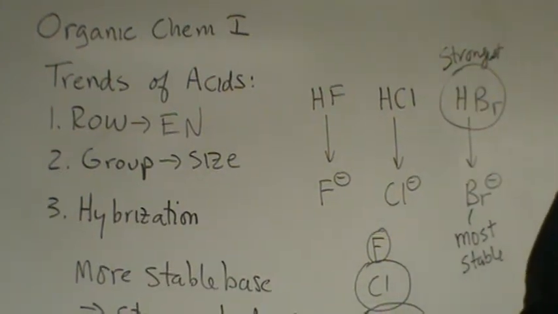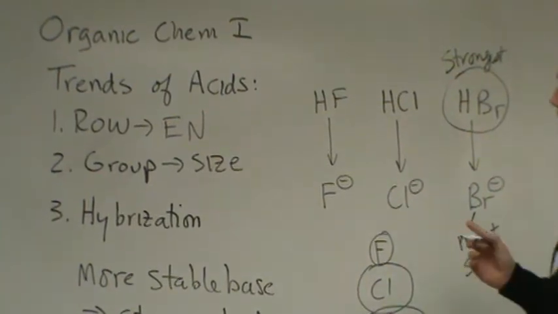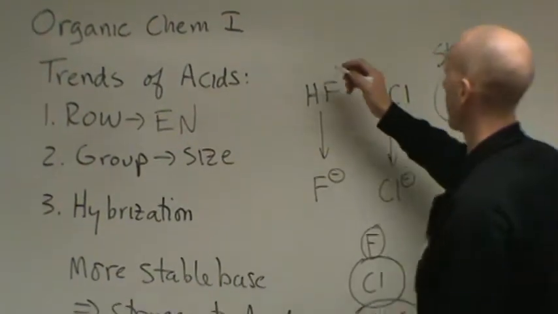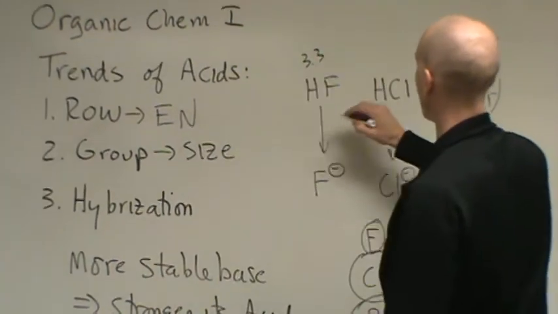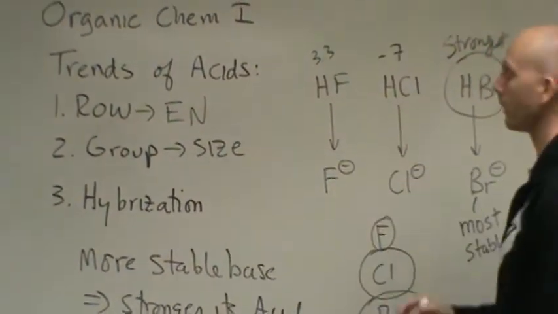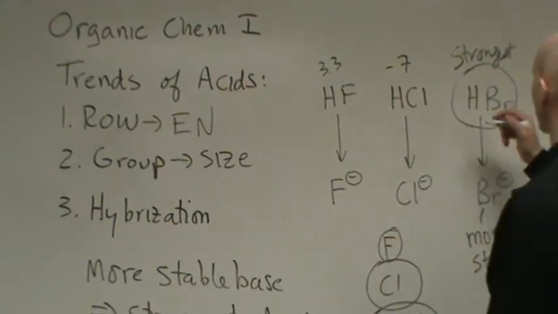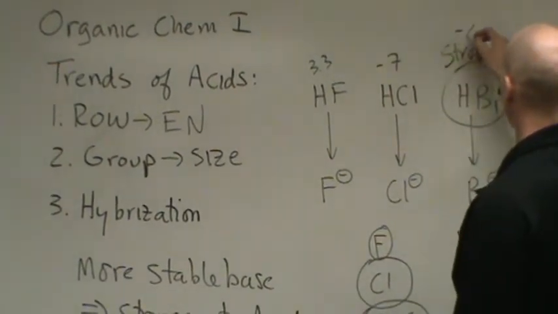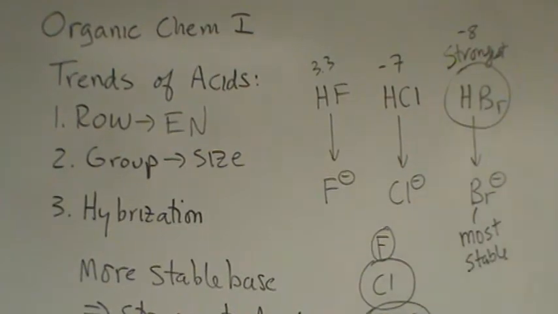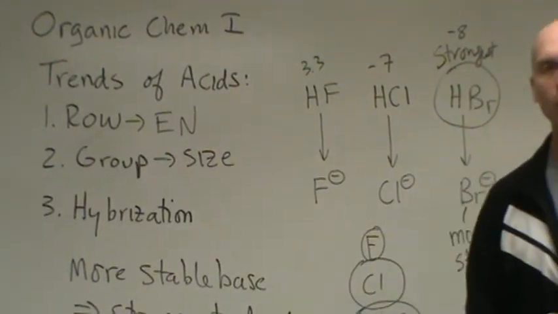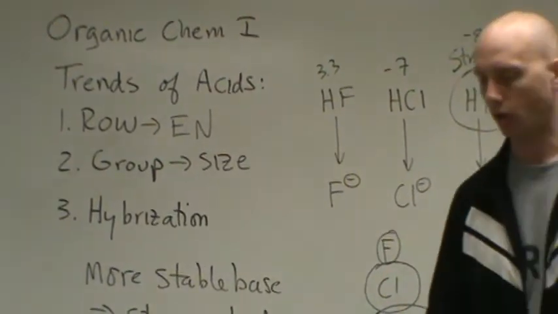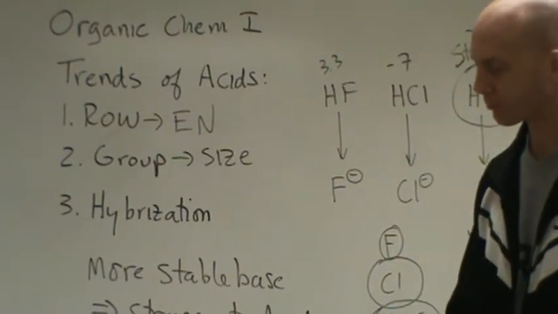And it is. If you look at the pKa values, HF is 3.3, HCl is -7, so a pretty strong acid, but HBr gets even better than that at around -8. So as we go down, we get a stronger acid.